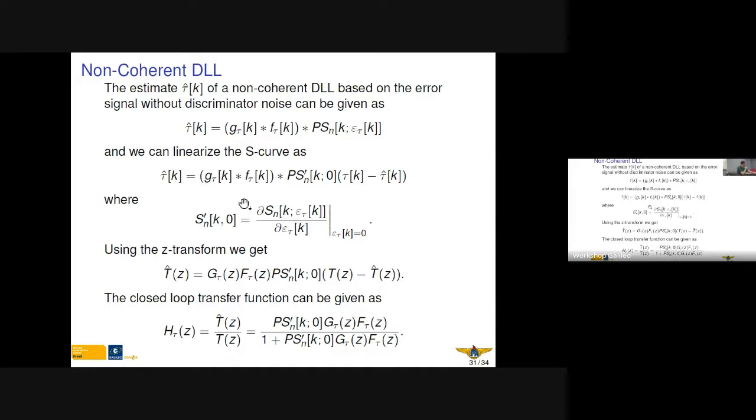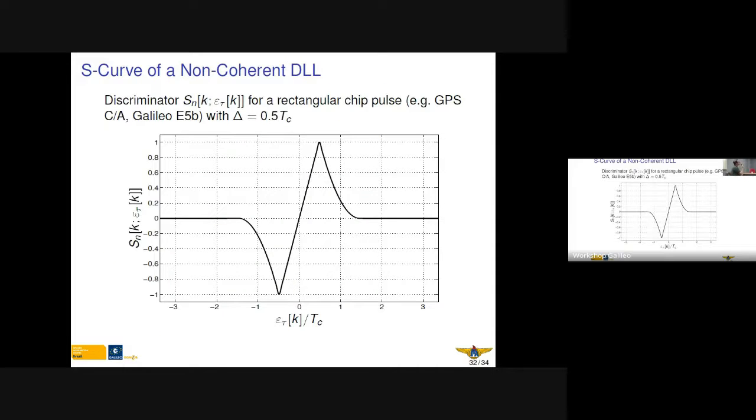I can show you here what the S curve of a non-coherent delay lock loop looks like for a rectangular chip pulse, or for example GPS C/A or Galileo E5b, with delta. We said that this delta was related to the implementation of the central difference quotient.